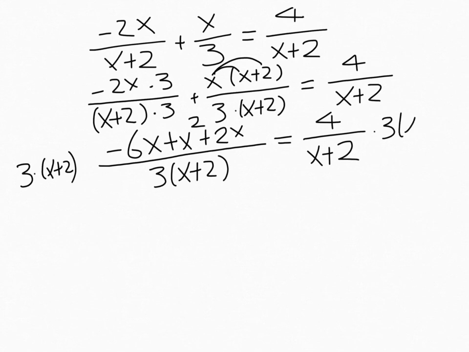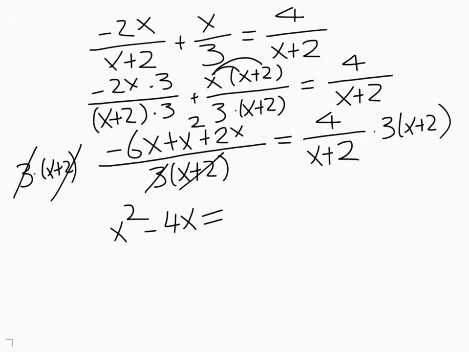To the left hand side, 3 and 3 get reduced. X plus 2 get reduced. So we are left with x squared. Negative 6x plus 2x, that's negative 4x.